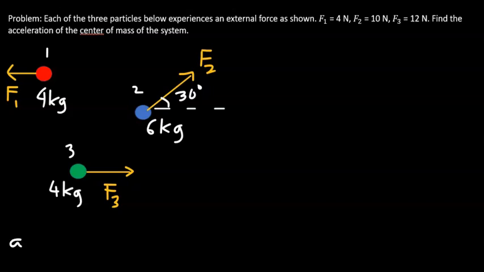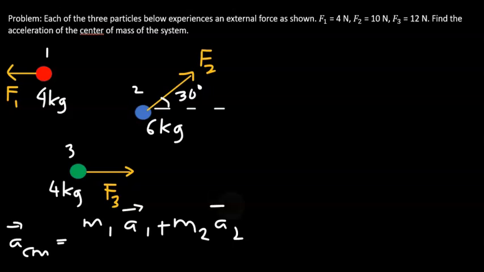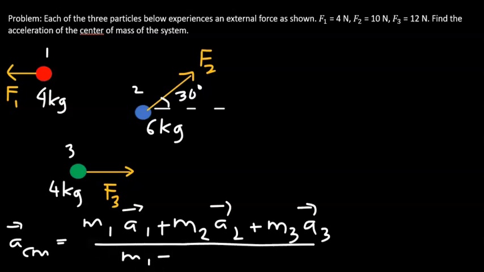The acceleration of the center of mass is given by the following formula. The mass of Object 1 times its acceleration plus the mass of Object 2 times its acceleration plus the mass of Object 3 times its acceleration, over the sum of all the masses, m1 plus m2 plus m3.